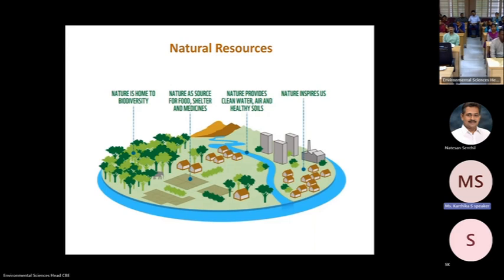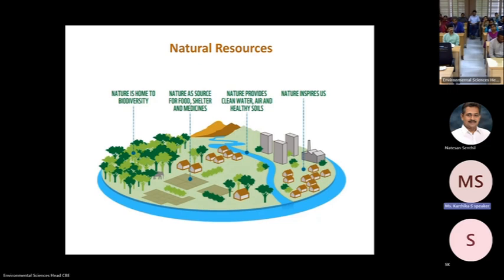Everything is comfortable. Everything is having adequate food, water, shelter, air, breathing, everything. Then nature has a source for food, shelter, and medicines, not from us. Then nature provides clean water, air, and healthy soils.